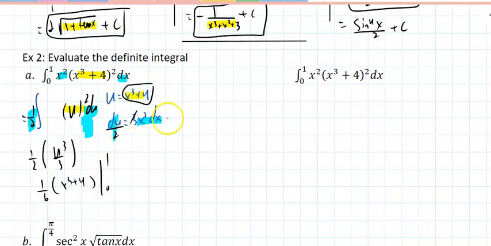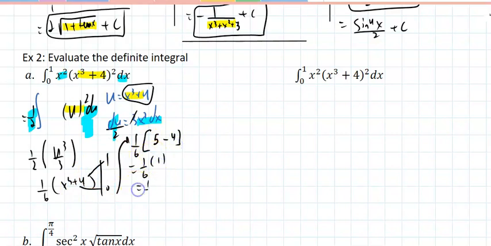So you could substitute the 1 in, and you'll get 1/6 times 1 plus 4, that's 5, minus the 0 in 4, and that will give you 1/6 times 1, which is 1/6. That's one way of doing that problem.